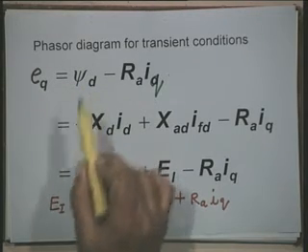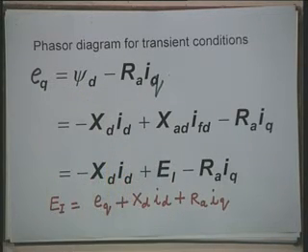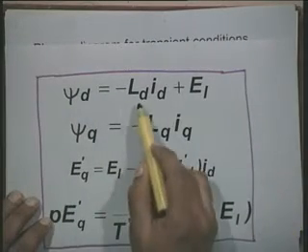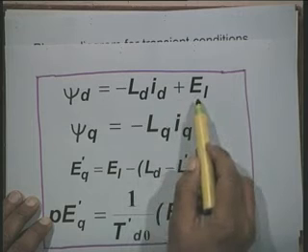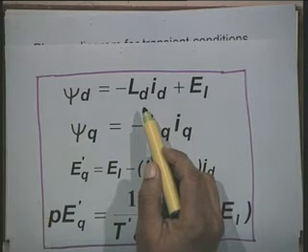This psi d term, the flux linkage term, can be replaced by minus L d I d plus E I, and in per unit system the inductance is equal to the reactance, that is L d can be written as X d, because X d is nothing but omega into L d and omega is 1.